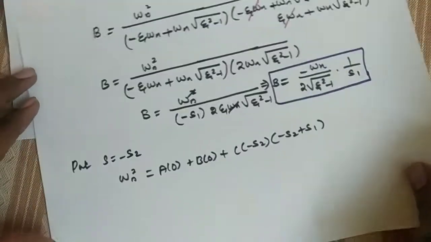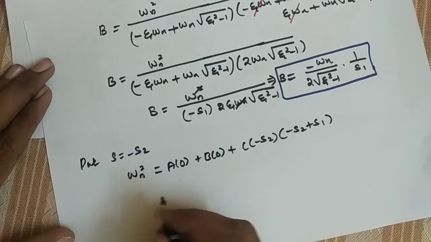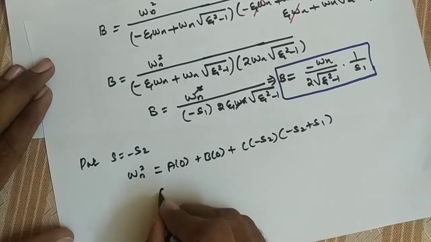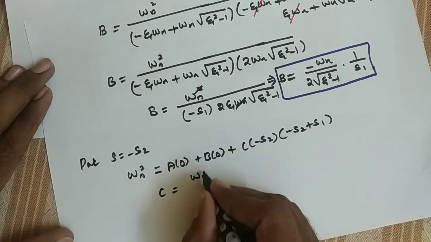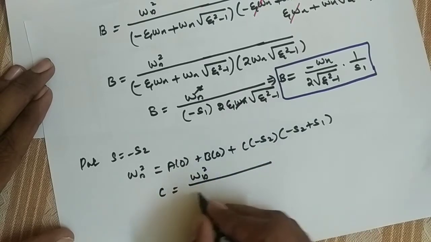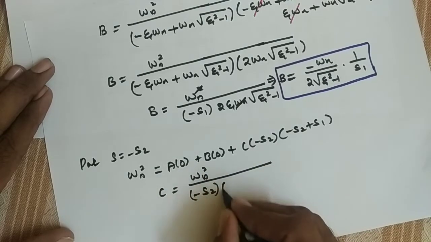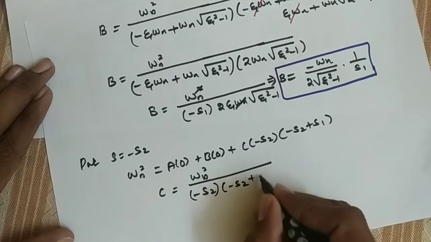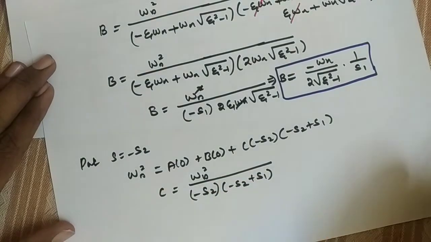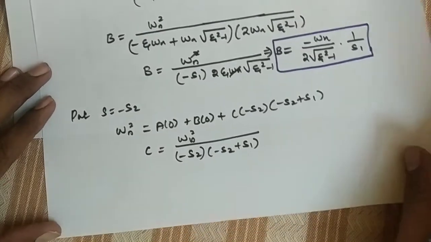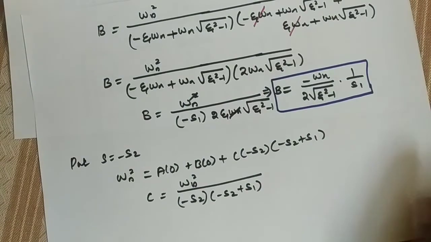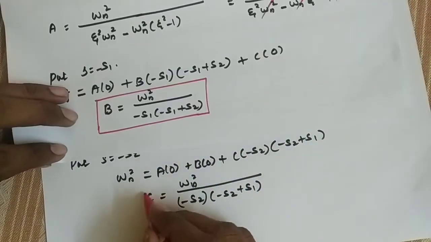We are getting the C equation as C equal to omega n square whole divided by minus S2 plus S1. This is similar to the B equation.